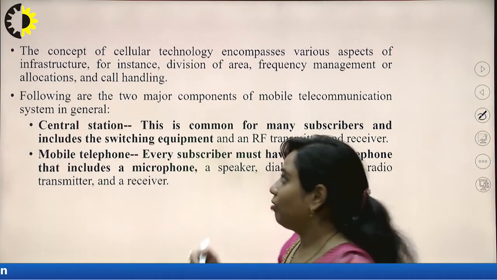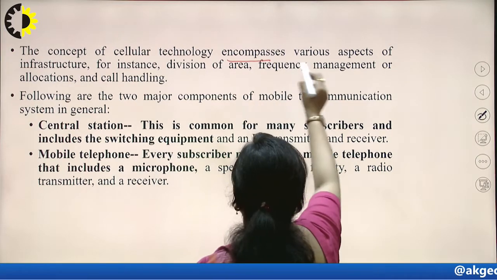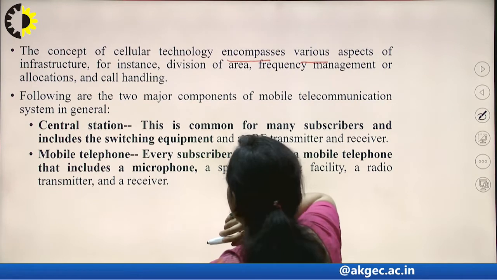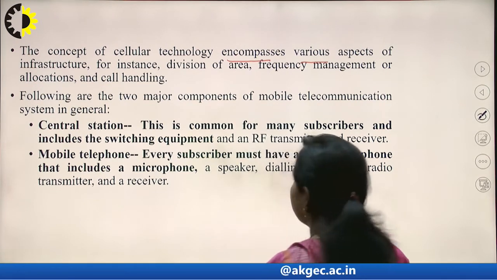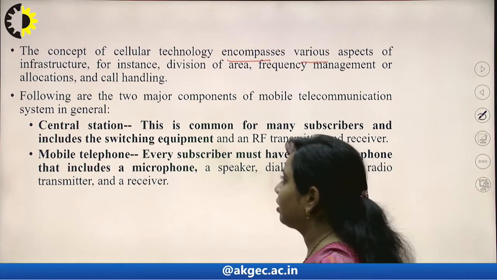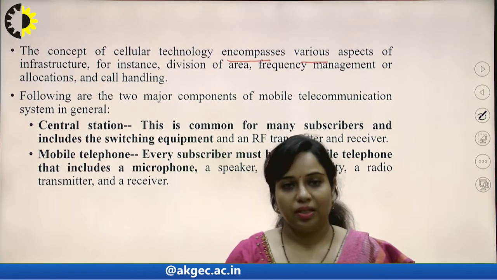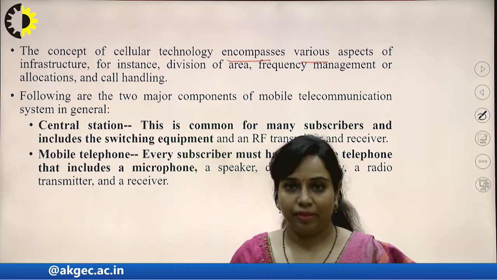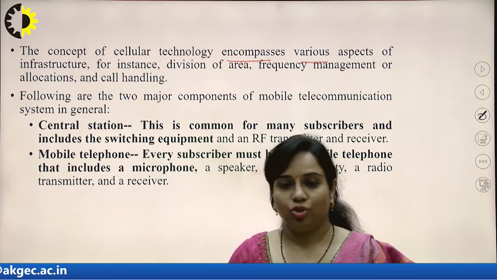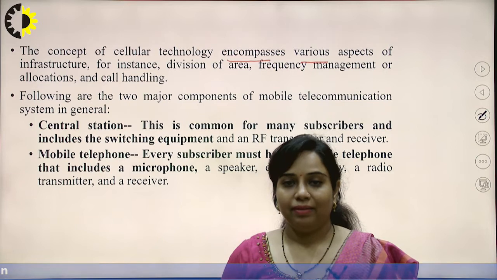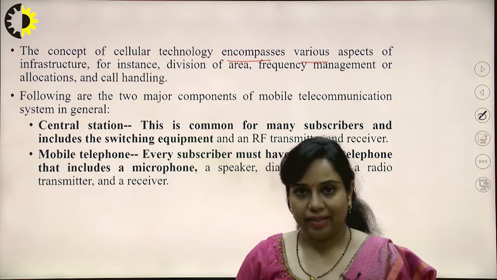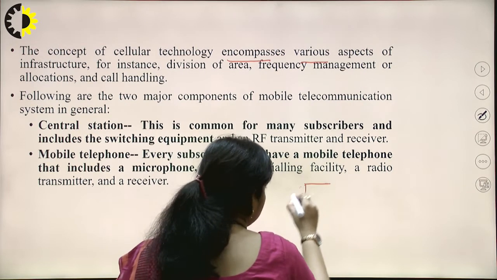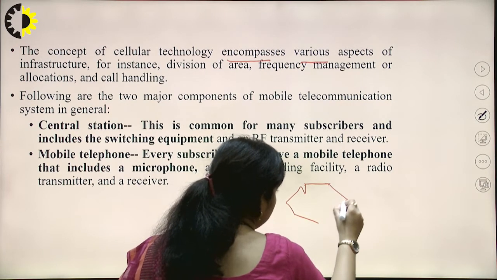The concept of cellular technology encompasses various aspects of infrastructure, for instance division of area, frequency management, allocation and call handling. As you'll see in the next slide, if I consider this room or a city as a geographical area, then to provide wireless communication and connectivity between the transmitter and receiver, each geographical area is divided into different cells.